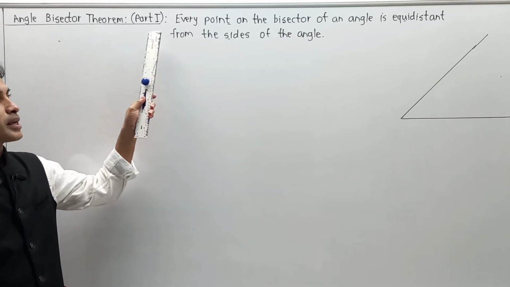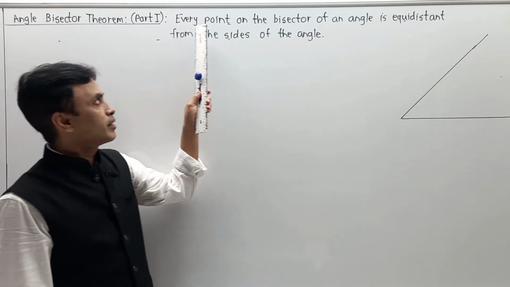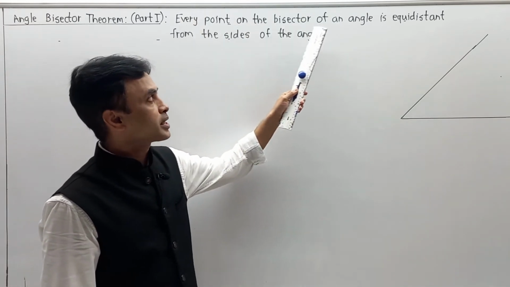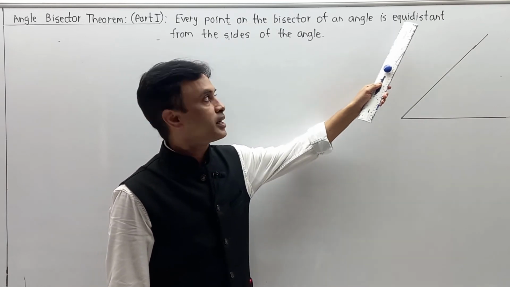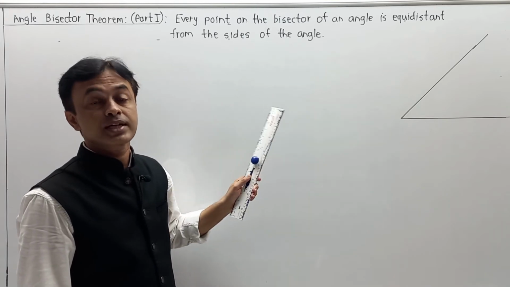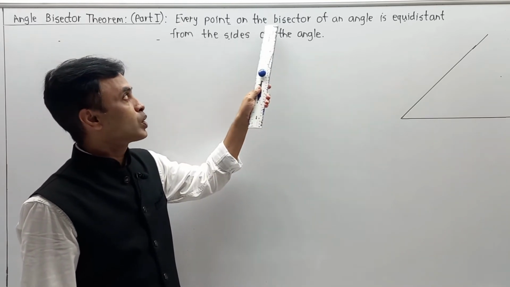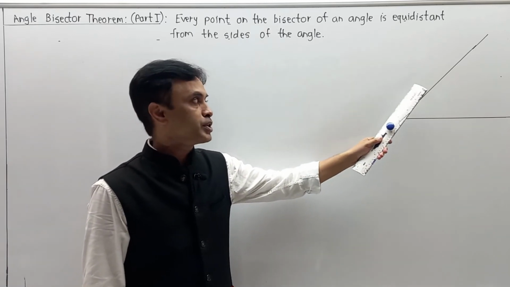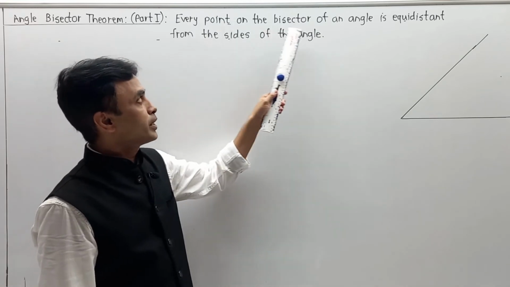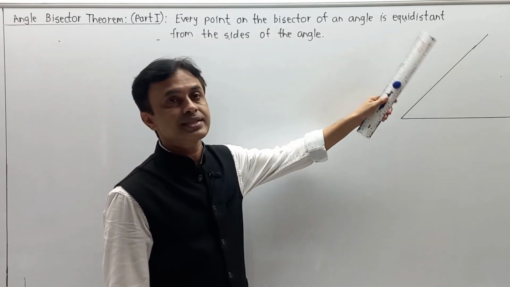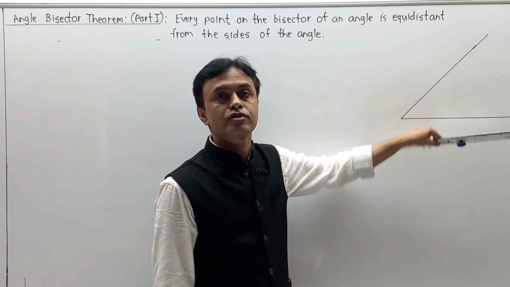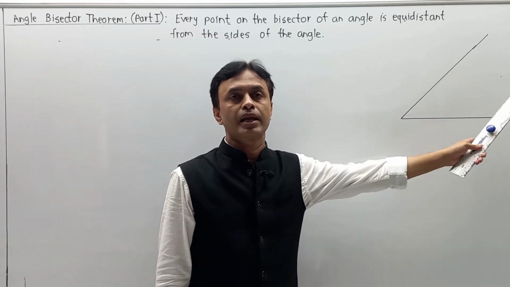Angle bisector theorem part 1: every point on the bisector of an angle is equidistant from the sides of the angle. Please try to understand the statement once again. Every point on the bisector of an angle means we have to draw an angle and then draw its angle bisector.